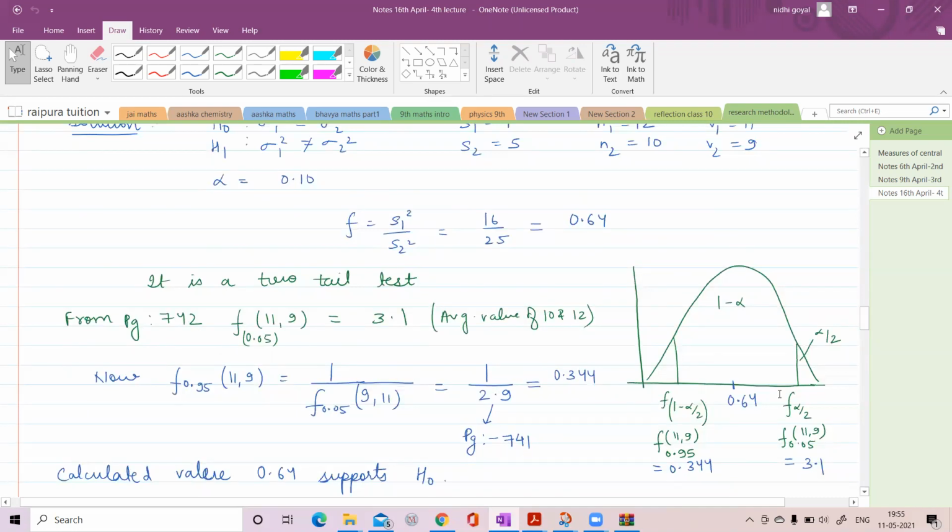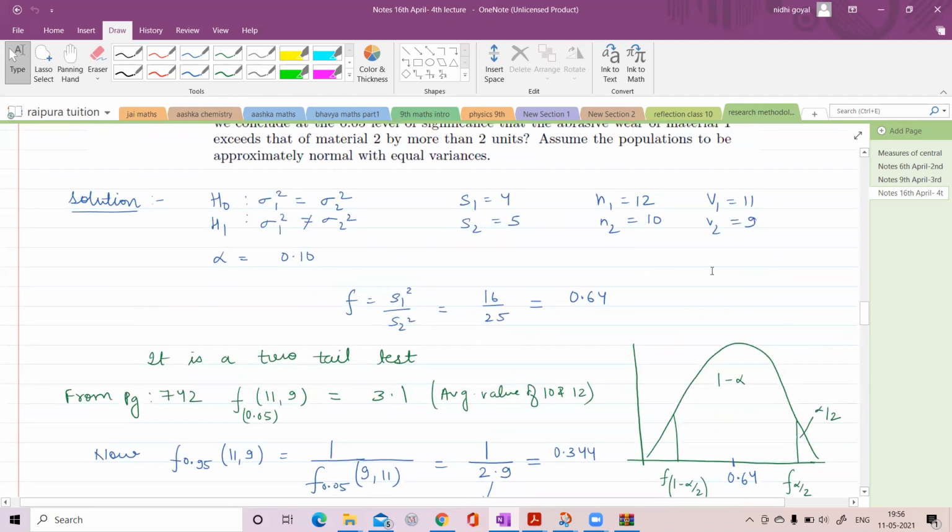For the critical value F of alpha, we look at alpha 0.05, where 11 is our v1 and 9 is our v2. v1 and v2 are calculated by subtracting 1 from n1 and n2.